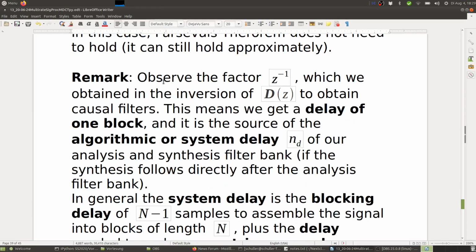Remark, observe the factor z to the minus 1, which we obtained in the inversion of D of z to obtain causal filters. This means we get a delay of one block, and it is the source of the algorithmic or system delay, ND, of our analysis and synthesis filter bank, if the synthesis follows directly after the analysis filter bank.